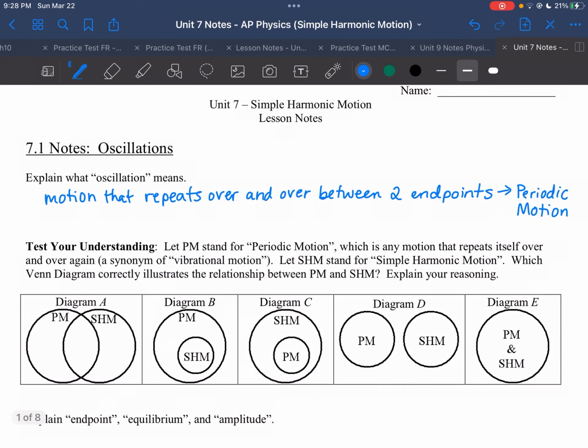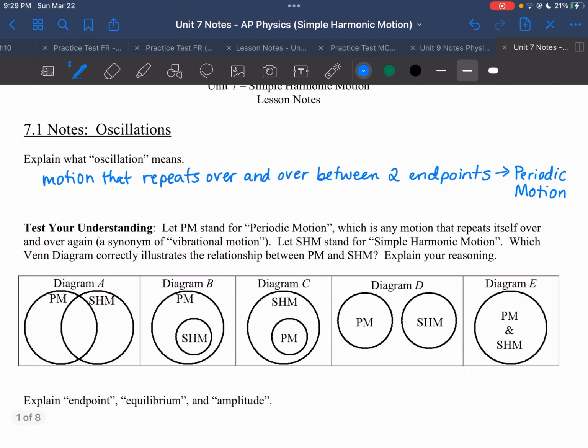Now, we have something called simple harmonic motion, often abbreviated as SHM, simple harmonic motion. Now, that is a type of periodic motion, but simple harmonic, I'll write it over here. Simple harmonic motion is going to be that repetitive motion, but it's due to some restoring force that's proportional to its displacement.